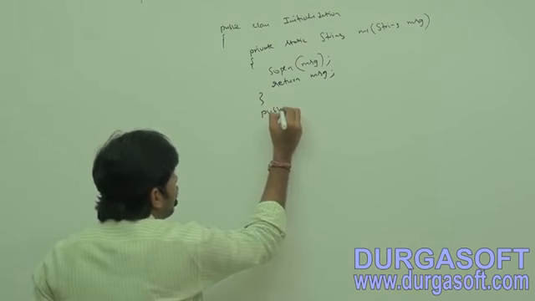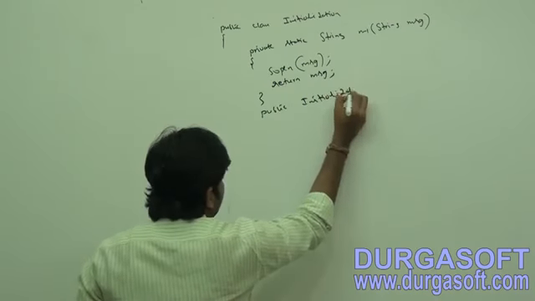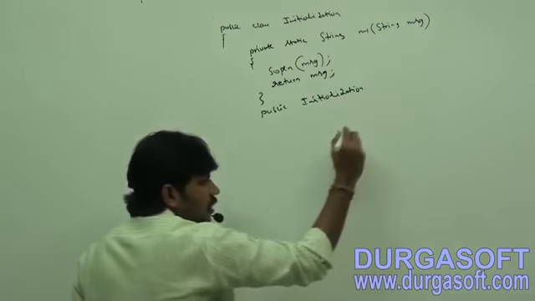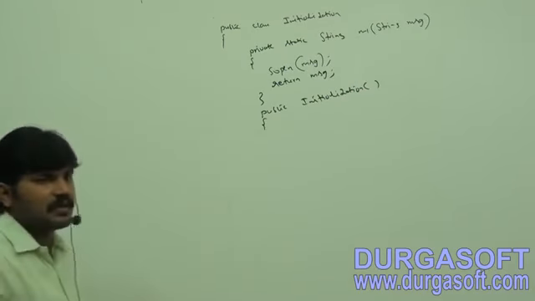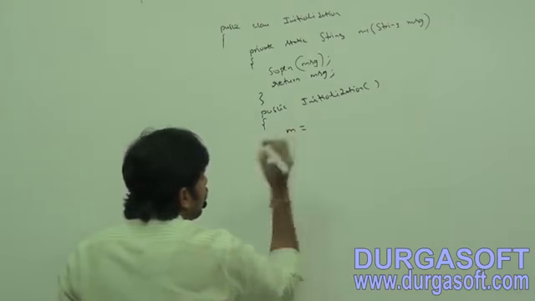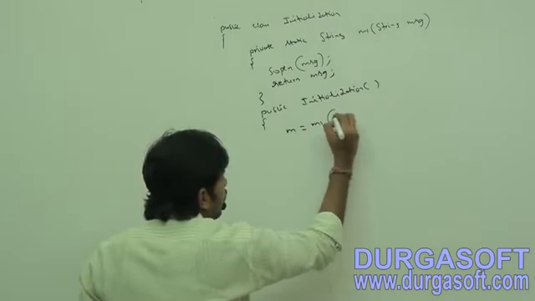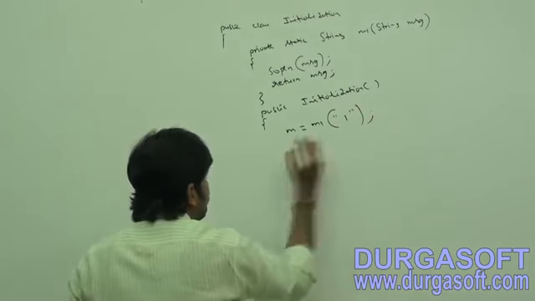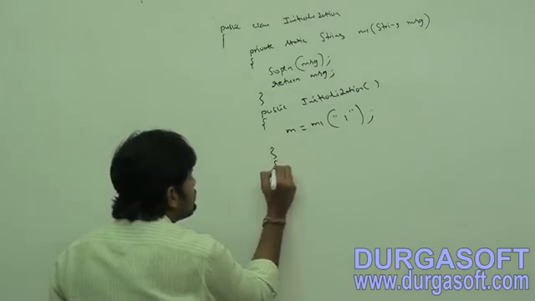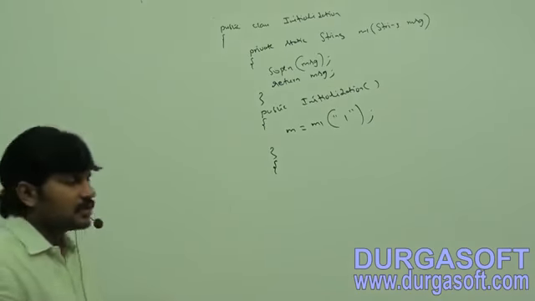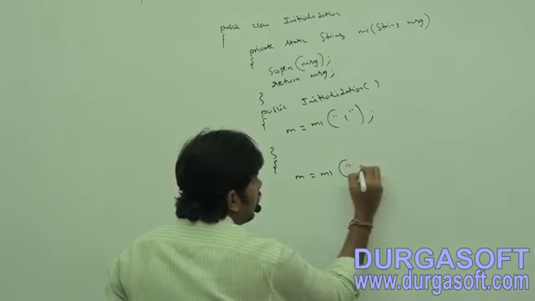Public initialization constructor. Have you observed the constructor? m is equal to m1 of 1, like I'm passing 1. Constructor, right? And then instance block, m is equal to m1 of 2.